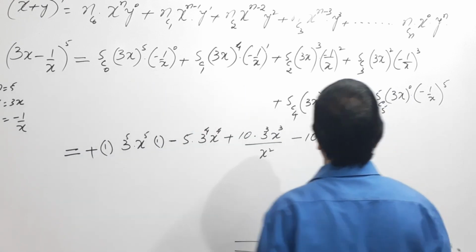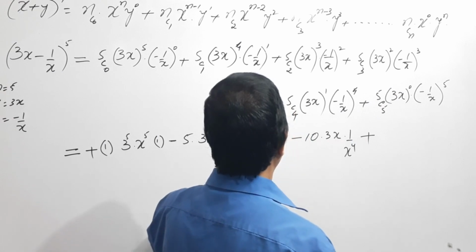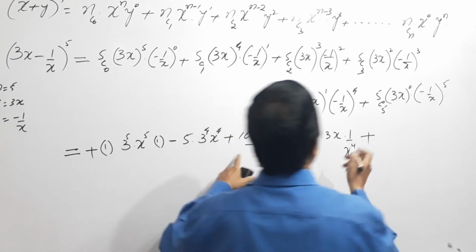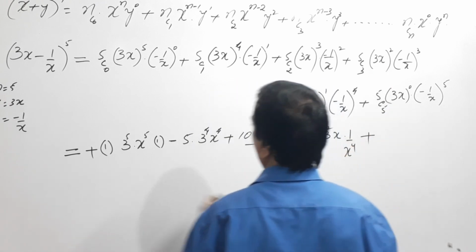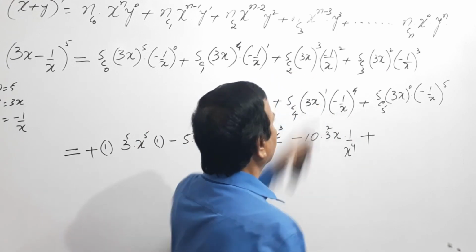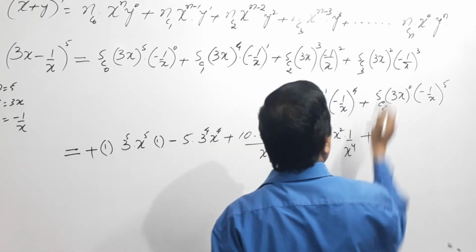So this is 10 into 3 to the power of 2. This is for this, this is for this, this is for this, and this is for x square.